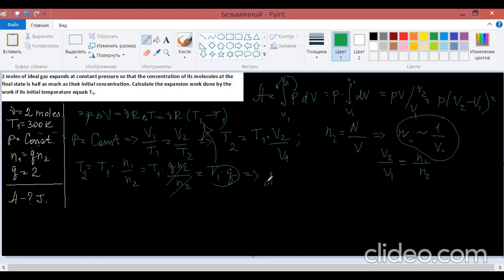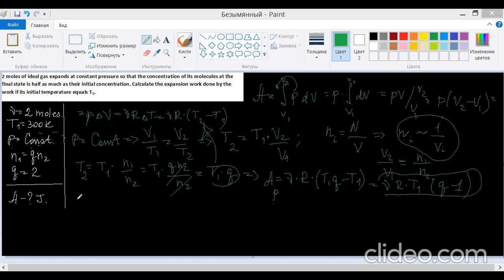So we can write that the expansion work done at constant pressure is equal to the number of moles nu times the gas constant R times, instead of T2, we write T1 times q minus T1. Now everything becomes very clear. So we've got the final formula for further numerical calculations.